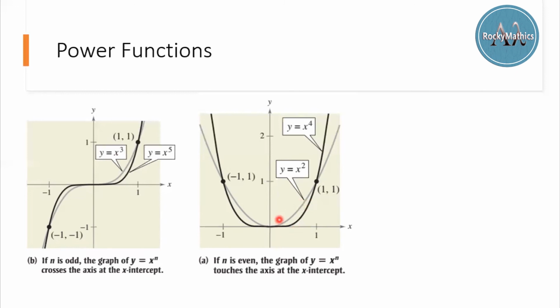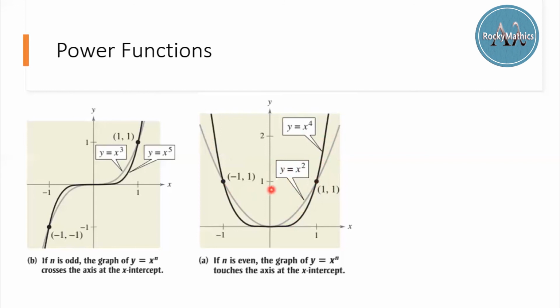Now, as you can see here, if n is even, let's say x squared, where the exponent is even, it is a parabola. Okay? Now, if x raised to 4, what have you noticed? The graph becomes closer, the y values become closer to the y-axis. By the way, sorry, the gray one is the x squared.